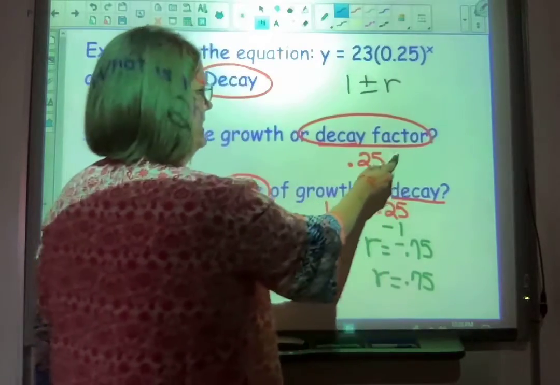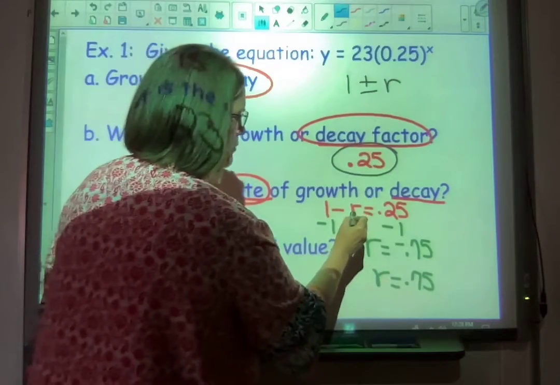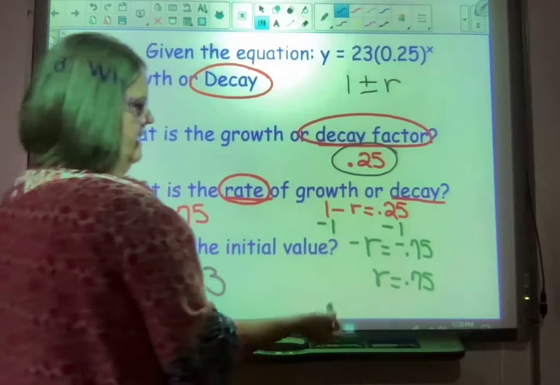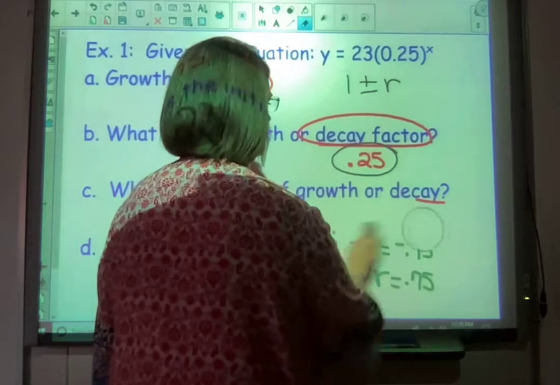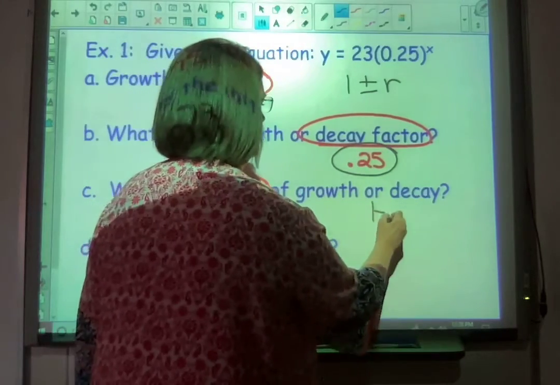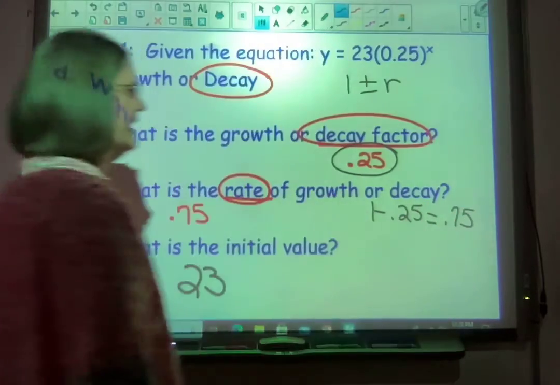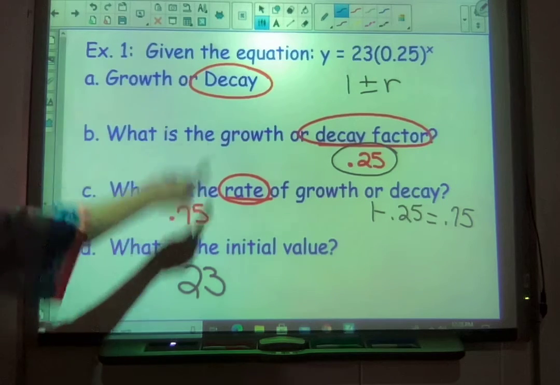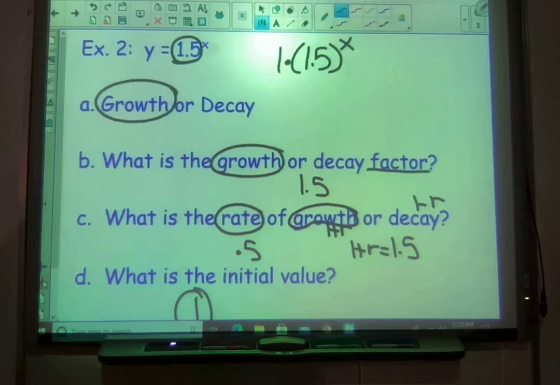So this is my decay factor. If I do 1 minus 0.25, I get 0.75. That's actually better than putting that. So that is my rate of decay. My initial amount is 23. We're just learning what things are right now.